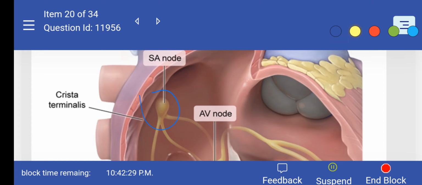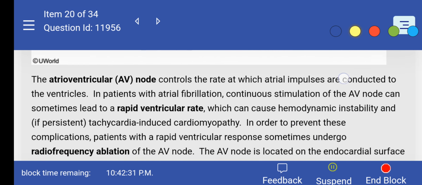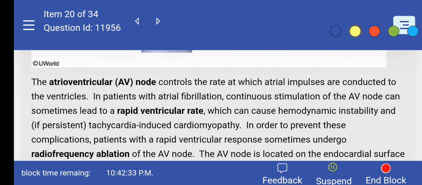Okay, so the AV node controls the rate at which atrial impulses are conducted to the ventricles. In patients with AFib, that is atrial fibrillation, continuous stimulation of the AV node can sometimes lead to a rapid ventricular rate, which can cause hemodynamic instability and, if persistent, tachycardia-induced cardiomyopathy.